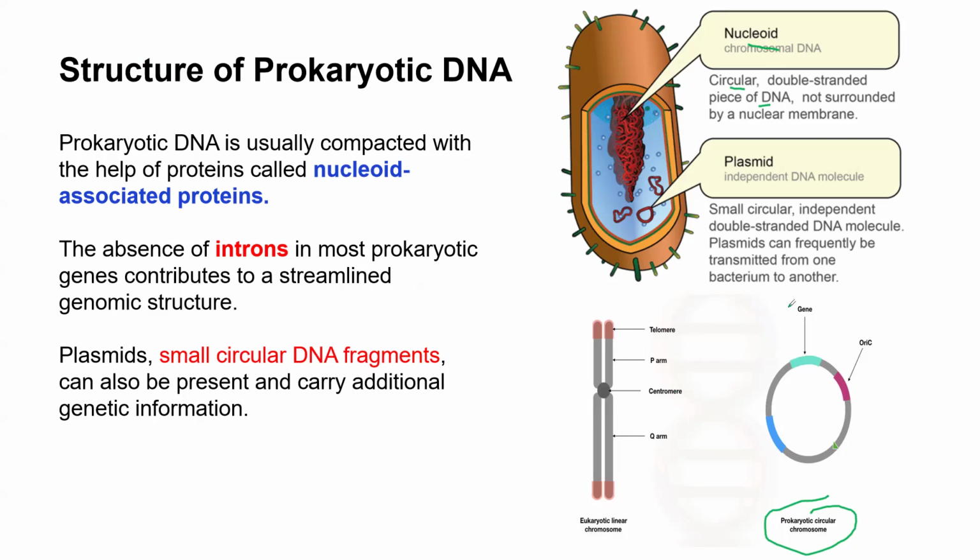You see, there are also genes, and ORIC, that is the origin of replication. This is just to tell you that the nature of our DNA and the nature of prokaryotic DNA are not the same. They have a circular chromosomal DNA, while our own is linear chromosomal DNA.